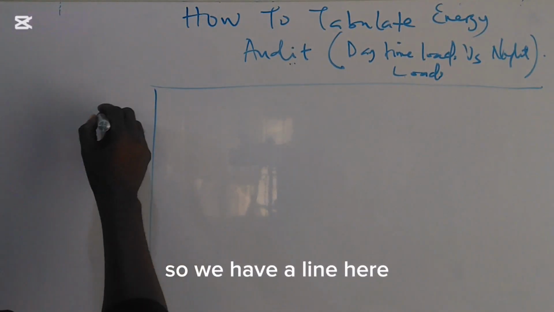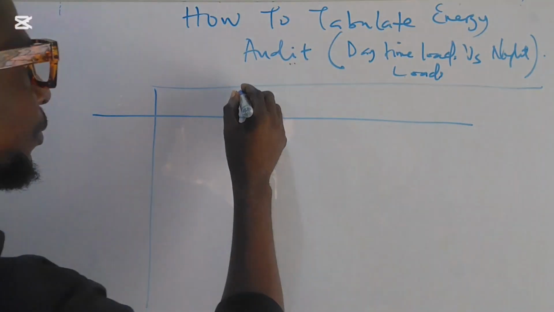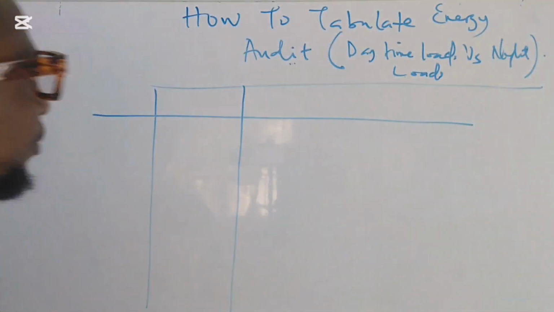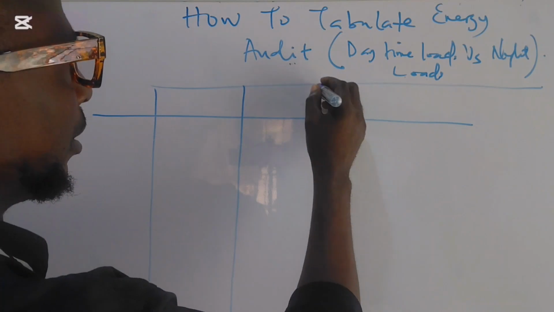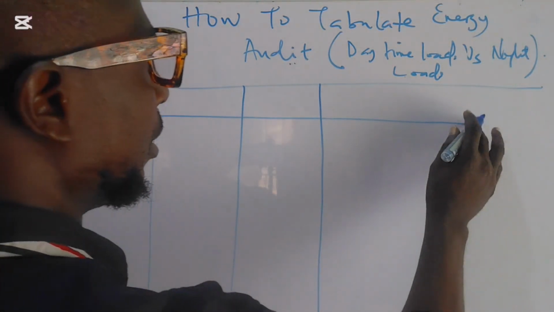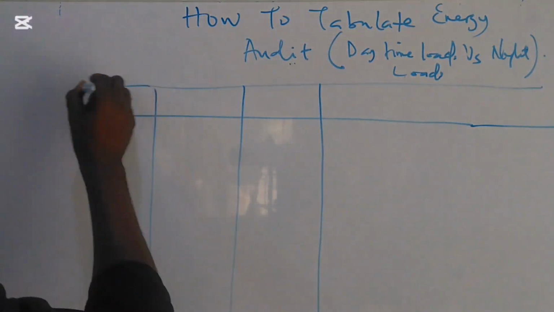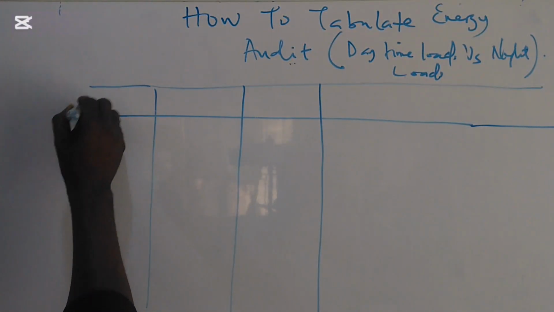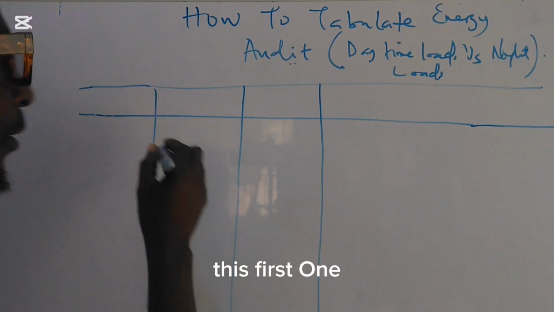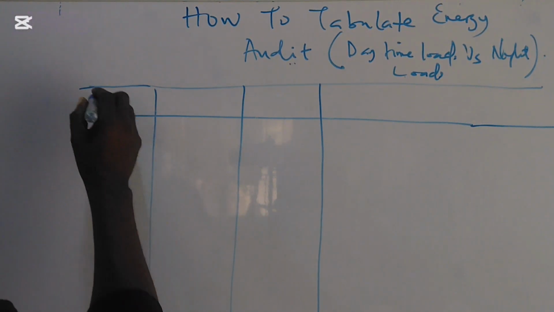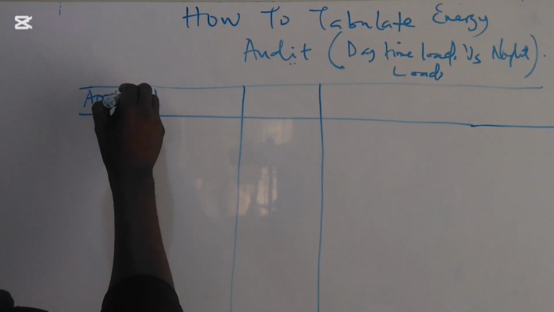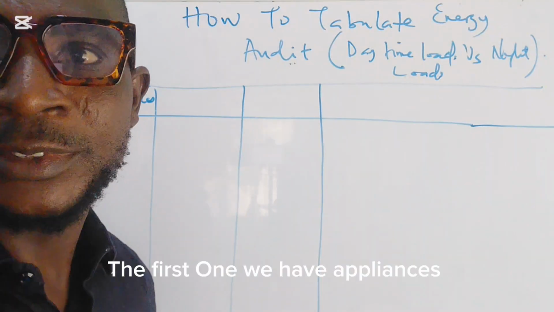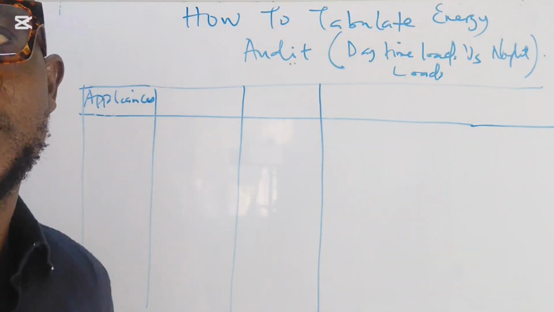So I will have a line here. Sorry, let me get another marker. So let's say the first one we have is appliances.